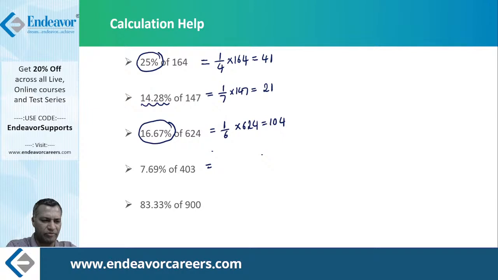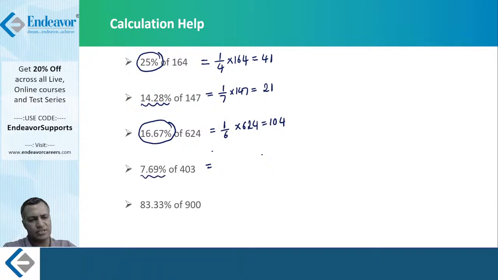Now take a look at this 7.69%. On the face of it, it doesn't look pretty appealing. It doesn't look like a very nice number, right? 7.69%, so nothing but 1 by 13. See, this whole thing, 7.69 percentage, can be written like this. What I meant here is 7.69 divided by 100 is nothing but 1 by 13.